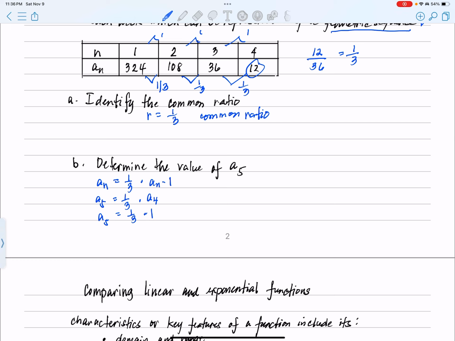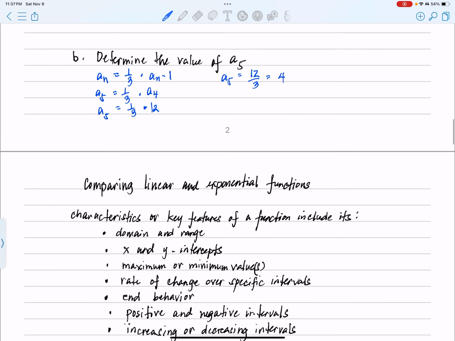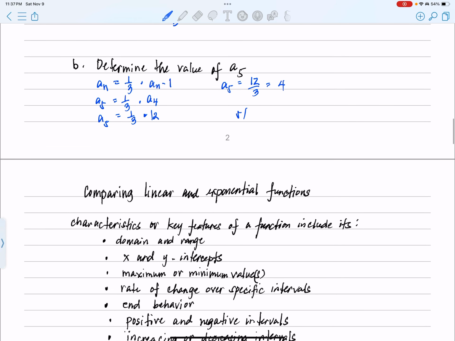So a sub 5 will be 12 over 3, which is equal to 4. So if we have 5 here, this will be equal to 4. That's it. Or you could say the fifth term is 4.